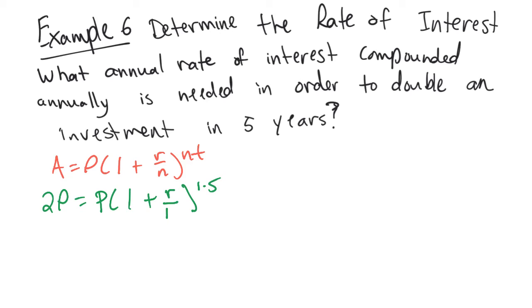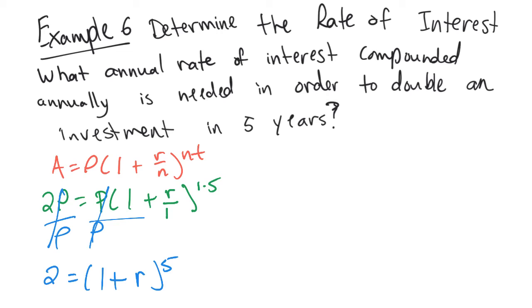All right, now let's move this P to the other side. In order to do that, what we're allowed to do is divide both sides by P. So now we have that 2, because these just cancel here, 2 equals 1 plus R divided by 1, which is just R, raised to 1 times 5, which is just 5. Now, this looks a little weird, right? In order to cancel out that raised to the 5th power, we're going to take the 5th root of both sides.